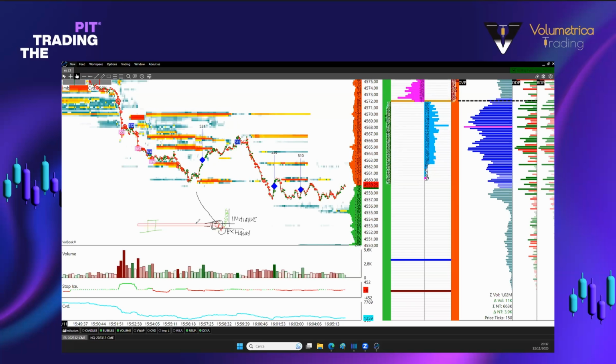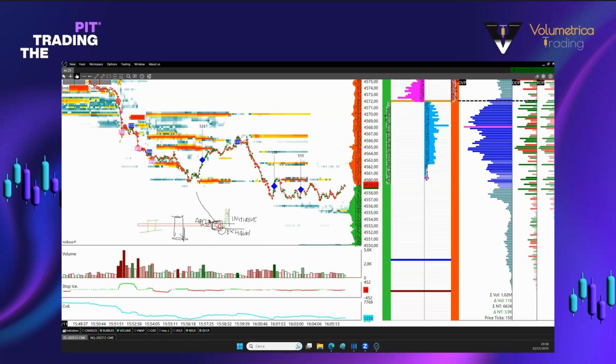That's a combination between some absorption here, because big bubbles here show that sellers are struggling a little bit to go down. They are encountering counter liquidity, which of course is there. We don't have to guess that, it's there, we can see it.